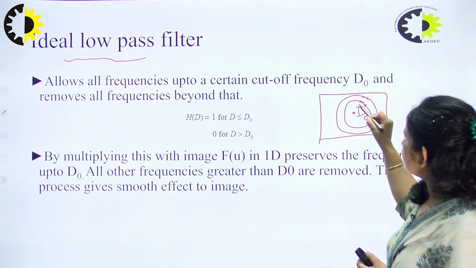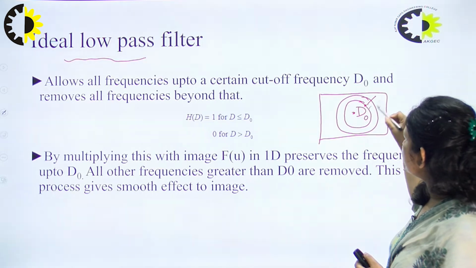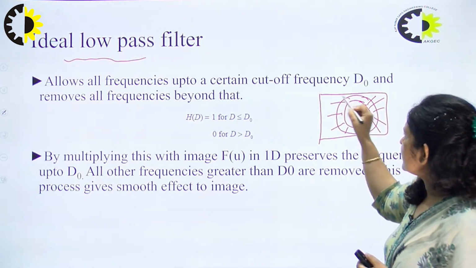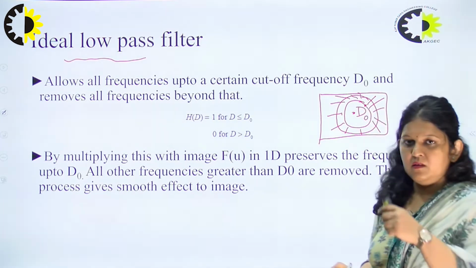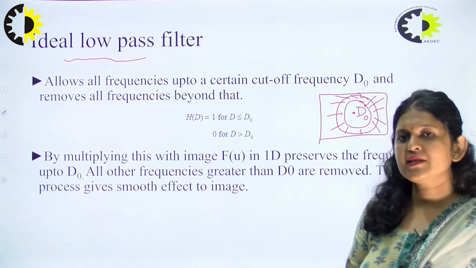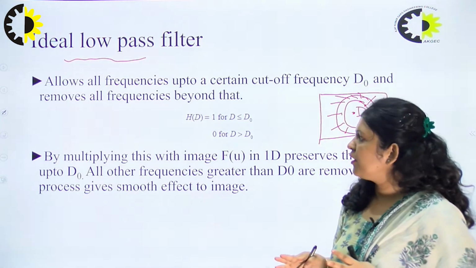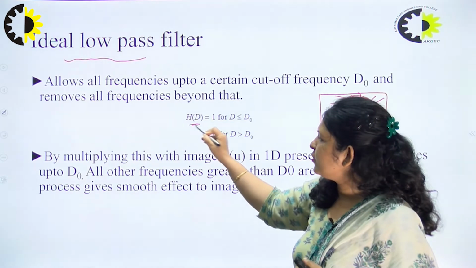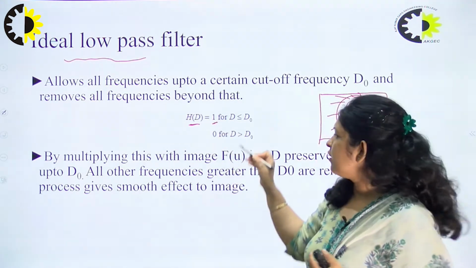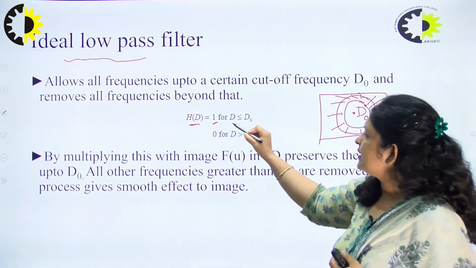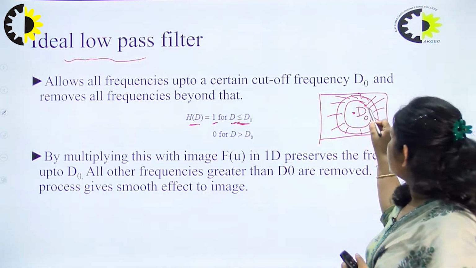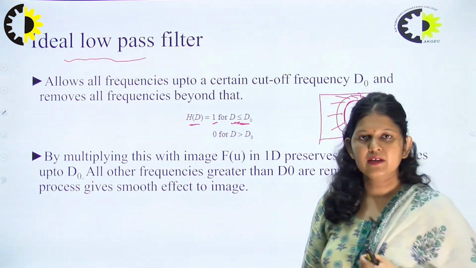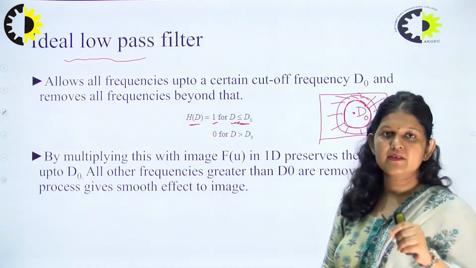Now, beyond D0 I want to attenuate, or we can say remove, all the frequency components, and before D0 I just want to keep all the frequency components. So the idea is to keep the filter mask value equal to 1 for all D less than or equal to D0. For this particular circle, say, D0 is the cutoff frequency value.